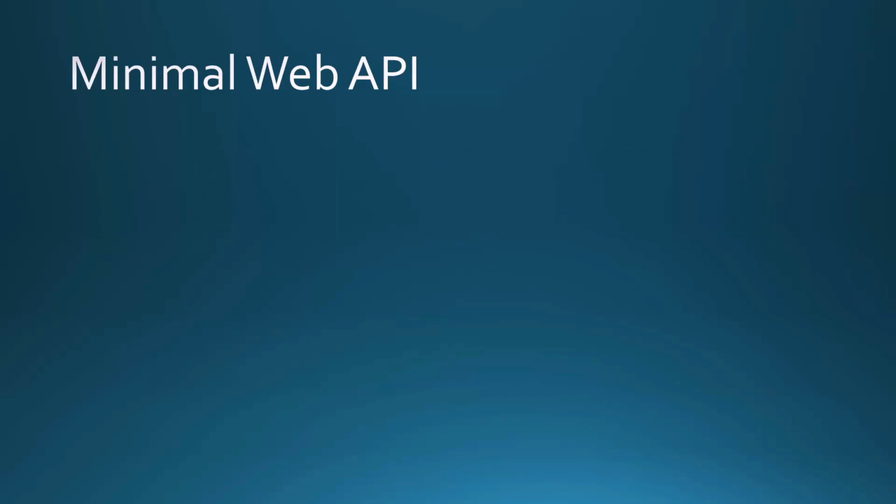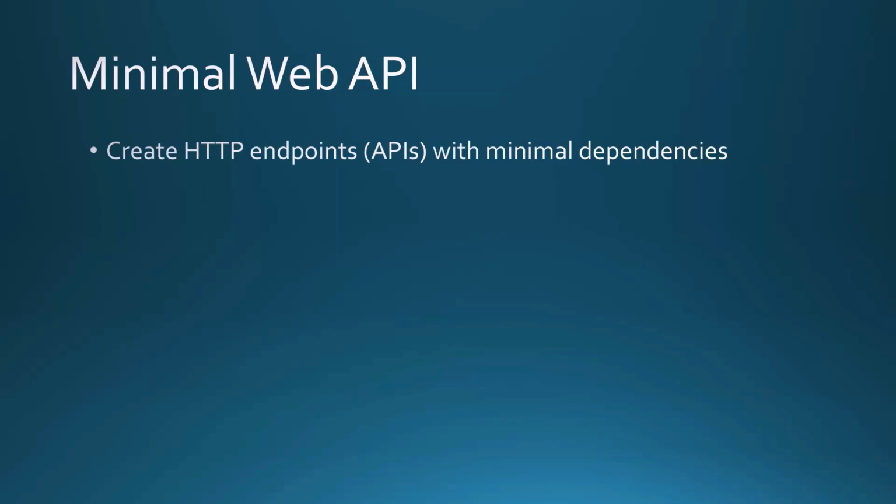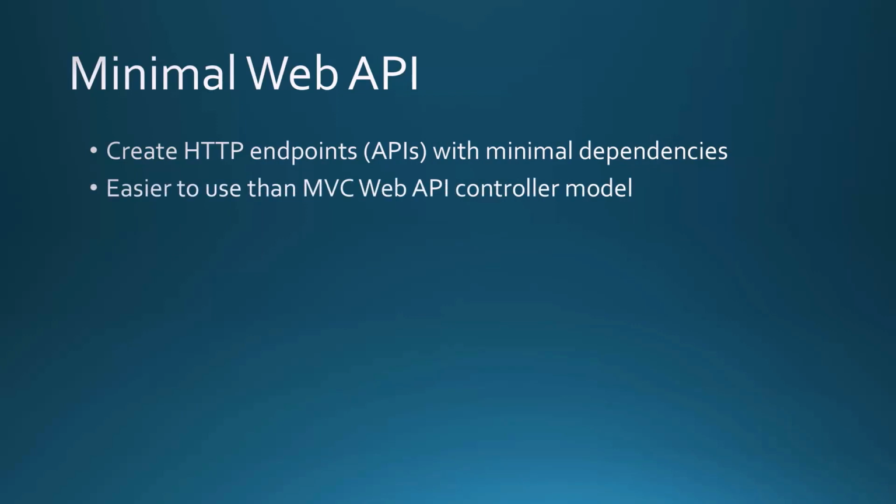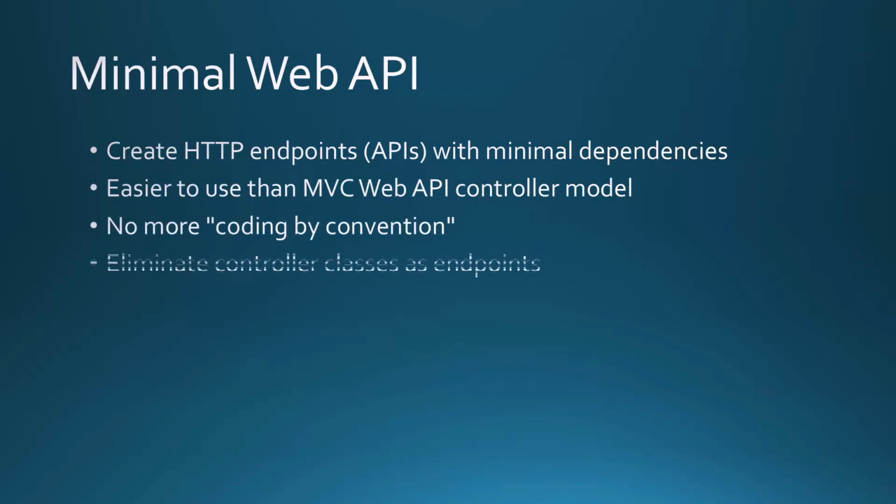Let's take a look at our first design pattern called Minimal Web API. This allows us to create HTTP endpoints with minimal dependencies. That makes it a little bit easier to use than the MVC Web API Controller model. There's no more coding by convention, which is what you have with MVC. This eliminates controller classes as endpoints, so that's partly what helps make it easier to use.